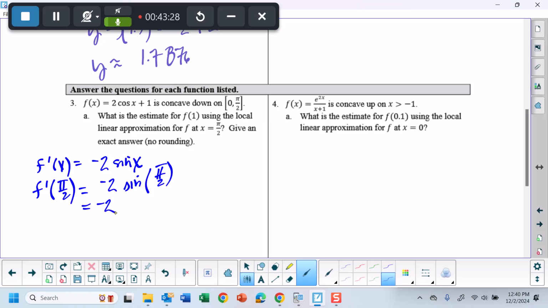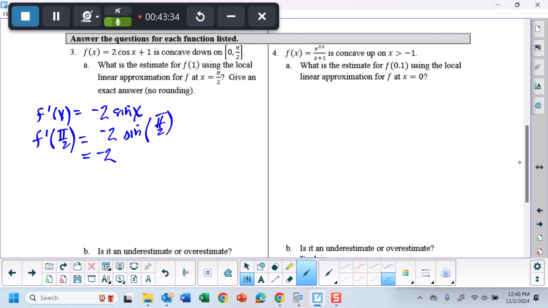So I get that value of negative 2. When I go to plug in for my equation for my tangent line, y minus y1 is equal to m times x minus x1. I don't think I have a y1 yet. Yes, I do.